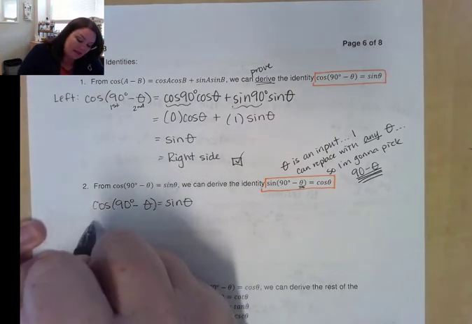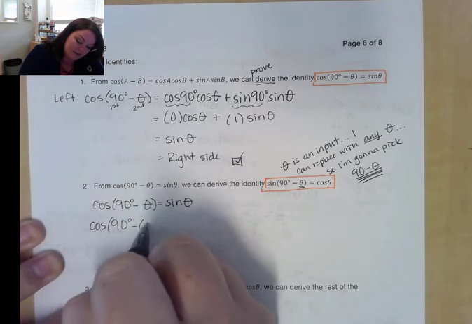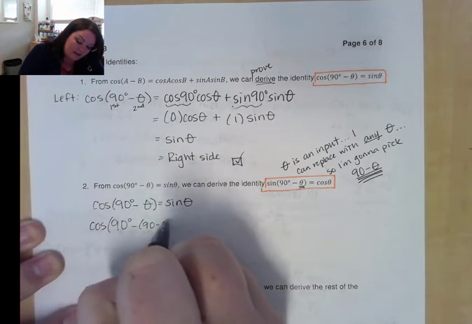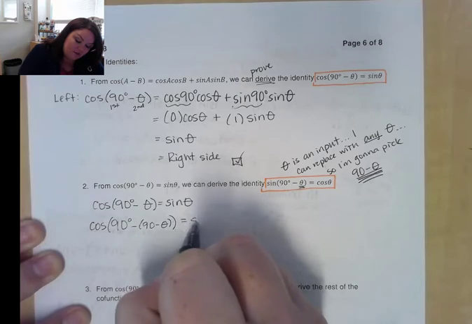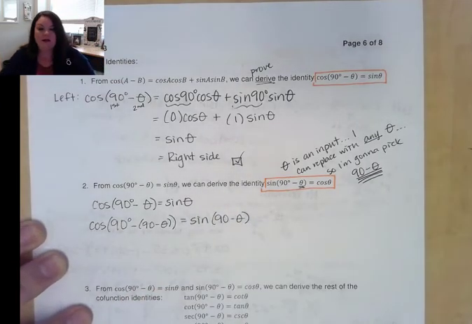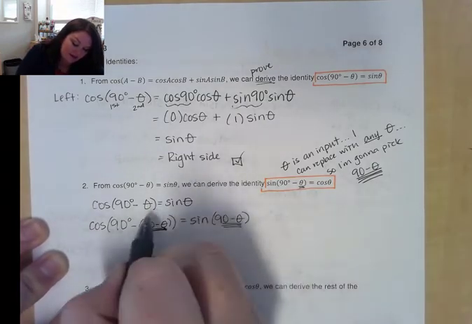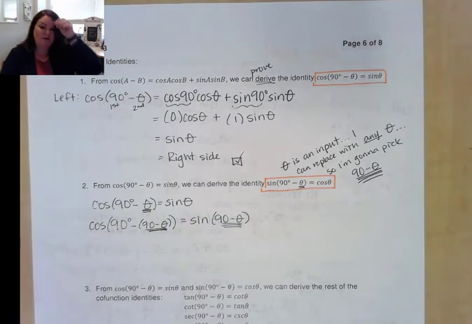So what that looks like now is that cosine of 90 degrees minus (90 minus theta) is going to be equal to sine of 90 minus theta.